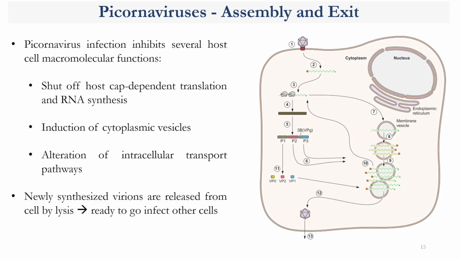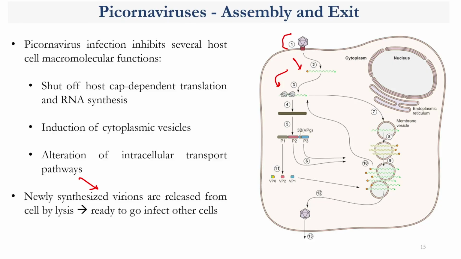And once that's done, newly synthesized virions are released from the cell by lysis. And at this point, they're ready to go infect other cells. So here are the different steps: attachment, then entry of the genome, translation, making the polyproteins, forming those vesicles, and then replicating the genome, okay?